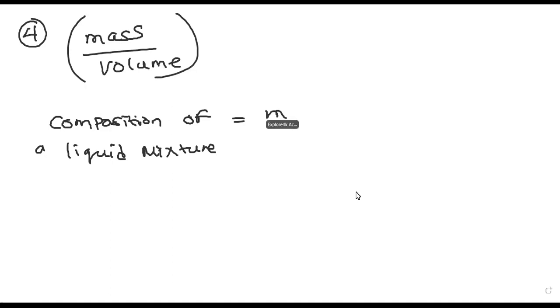equals mass over volume. So now if you are talking about a liquid mixture, in a liquid mixture there would be two things definitely, a solvent and a solute, right? When you talk about the mass in a solution, the solute's mass will be measured as the mass, and the solvent amount will be measured in volumes.